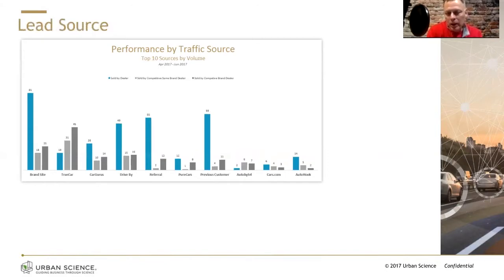You can look in your CRM at how effective or ineffective your lead providers are. But when you start layering in the lost sales around that, in this case, you can see the light gray bar is, let's pick on TrueCar. Of the leads that came in on TrueCar, you had 31 of them purchase the same kind of cars that you sell, but from other dealers in that marketplace.